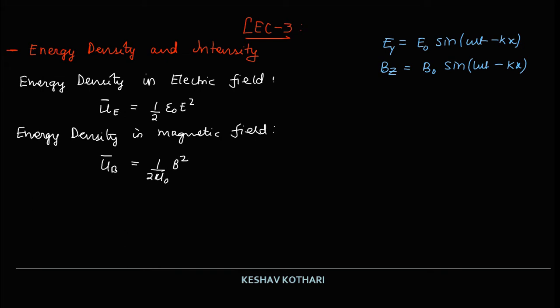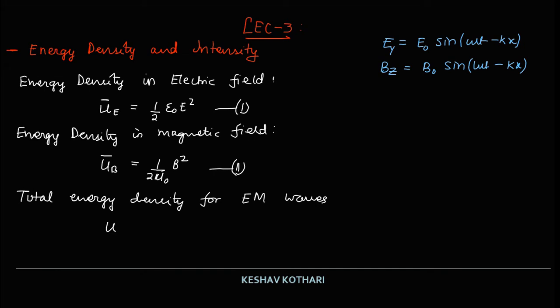So these are the two expressions which we have already come across while studying energy stored in a capacitor and energy stored in an inductor respectively. So if I write the total energy density for EM waves, then the total energy density is equal to the sum of the electric field energy density and the magnetic field energy density.